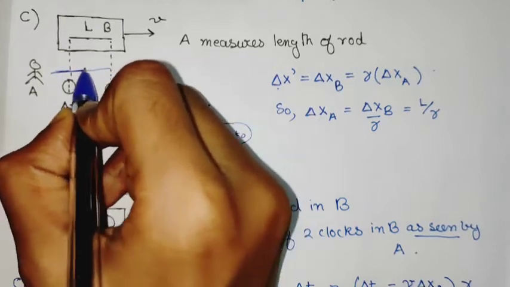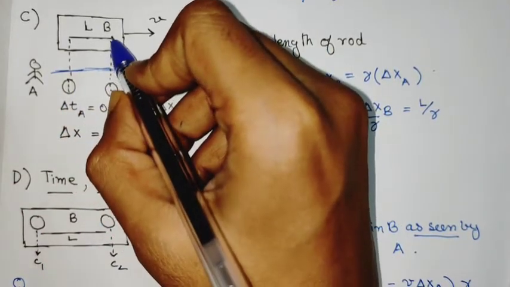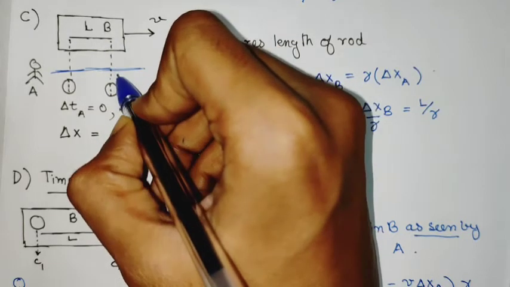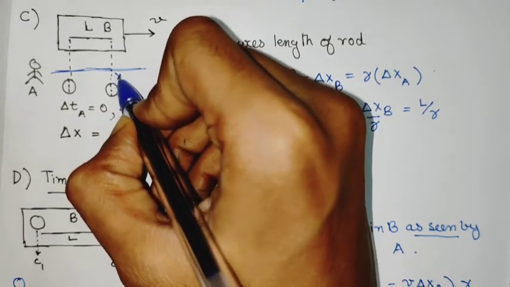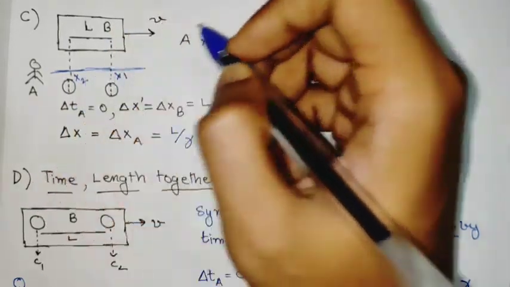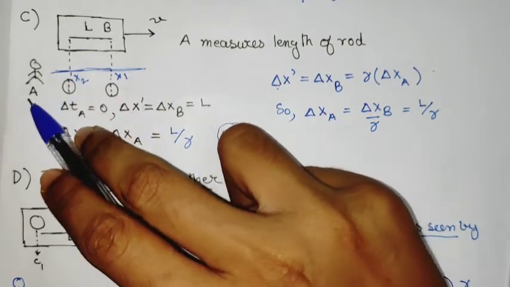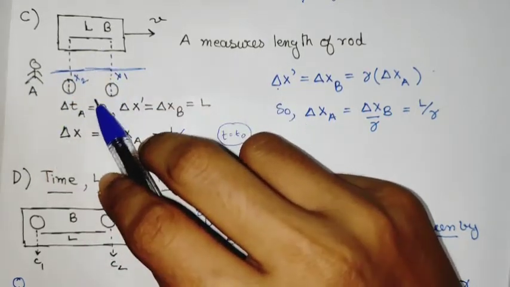Suppose at a particular instant he records the point where one end intersects, this is x1, and where the other end intersects, this is x2, and then x1 minus x2 must be the length that A observes for the rod.